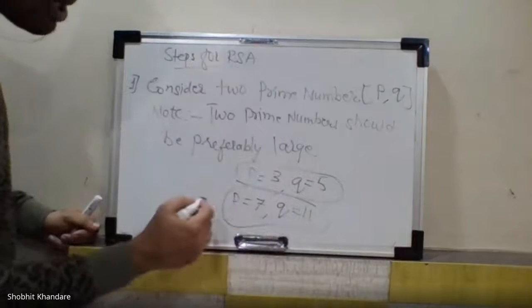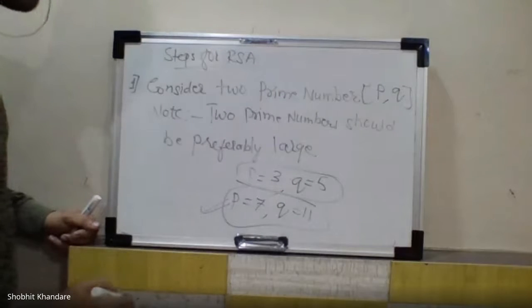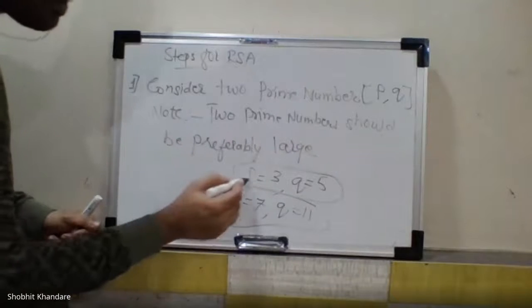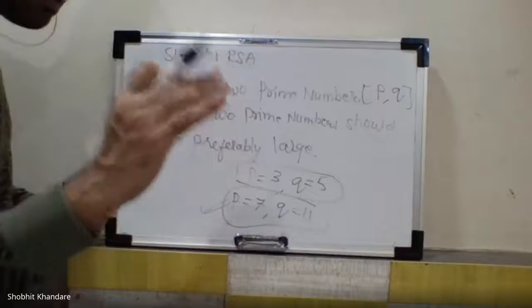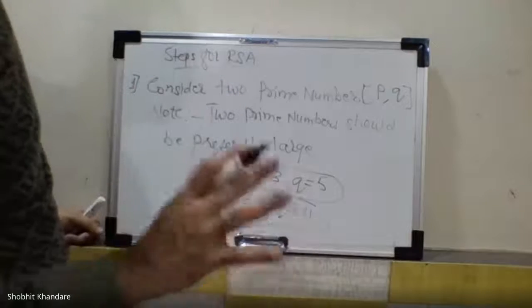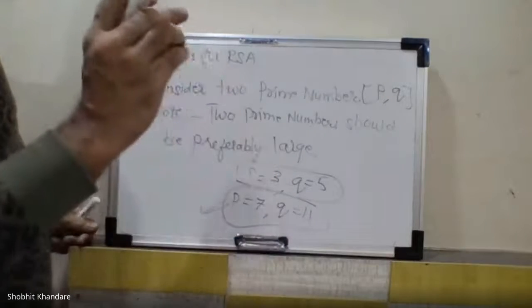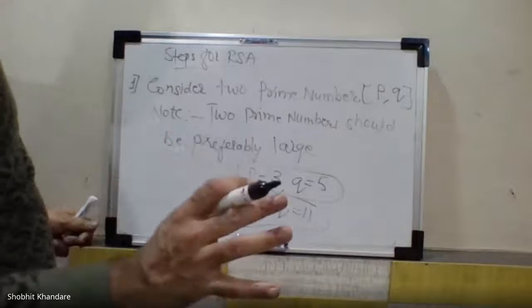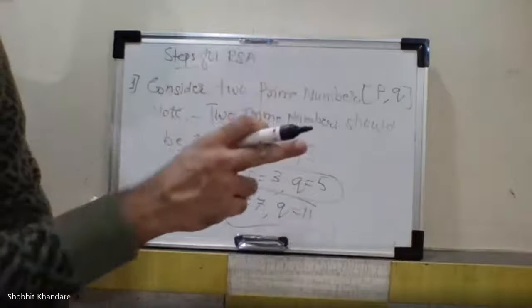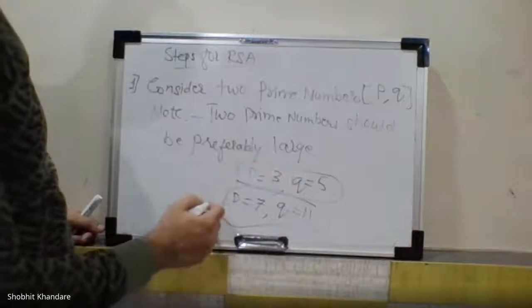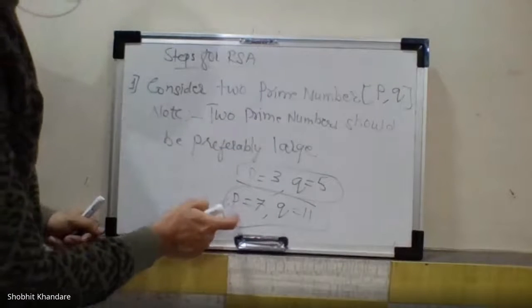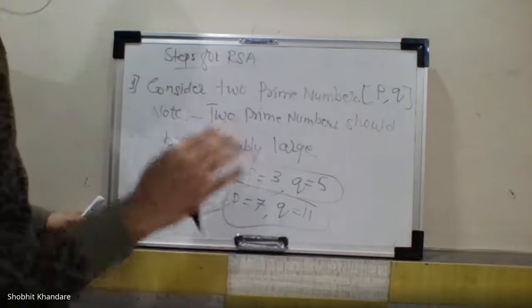So why should I go with P equal to 7 and Q equal to 11 as compared with P equal to 3 and Q equal to 5? The only reason is that if you want to give more security to the data, if I want the data not to be vulnerable to attack, then we have to provide large prime numbers.